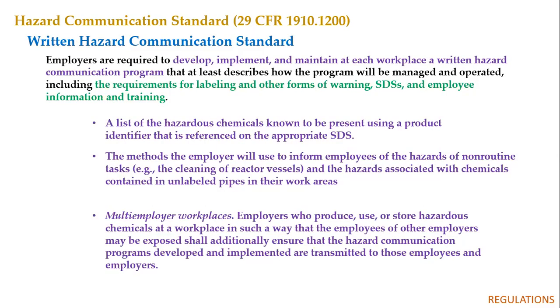So now this standard requires the written hazard communication program. The employers are required to develop, implement, and maintain at each workplace a written hazard communication program that describes how the program will be managed and operated, including the requirements for labeling and other forms of warning, safety data sheets, and employee information and training.